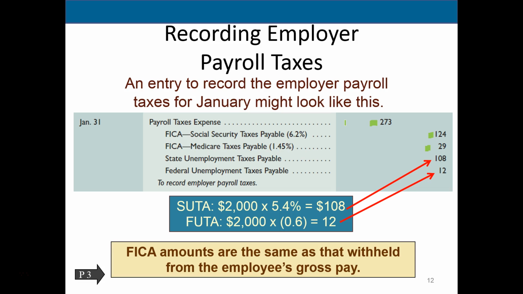The payroll tax expense to us is only the employer portion of the taxes that we have to pay, which includes our portion of Social Security, Medicare, and then the state unemployment, which the employee does not have to pay, and the federal unemployment that the employee does not have to pay.